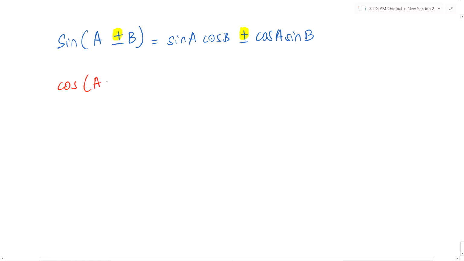Next, cosine. Now watch this. This is not in your textbook. Cosine A plus minus B equals cosine A cosine B minus plus sine A sine B. Now I have combined the third and fourth one into this formula. What do you notice?